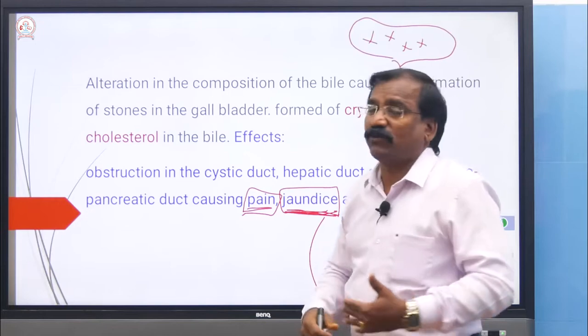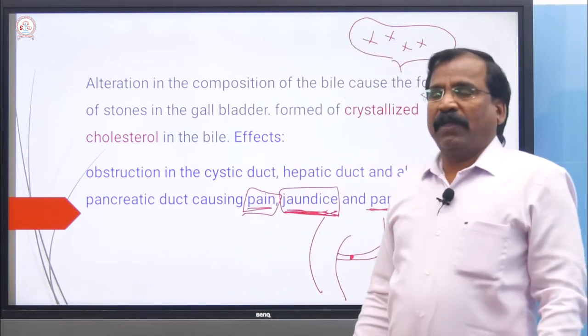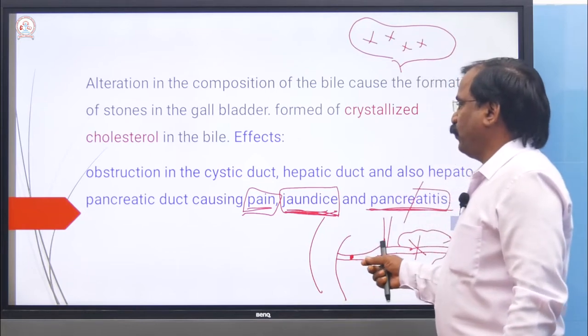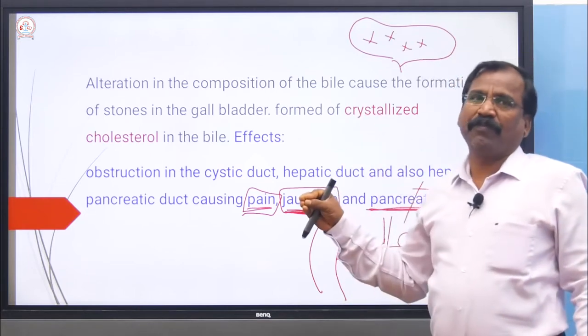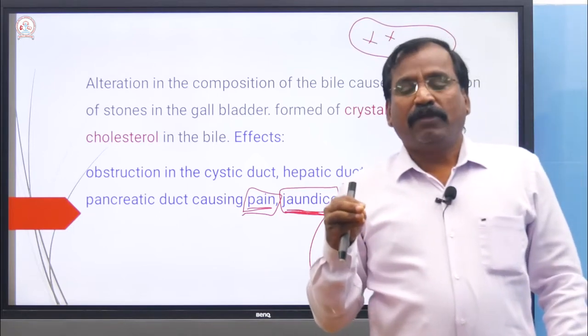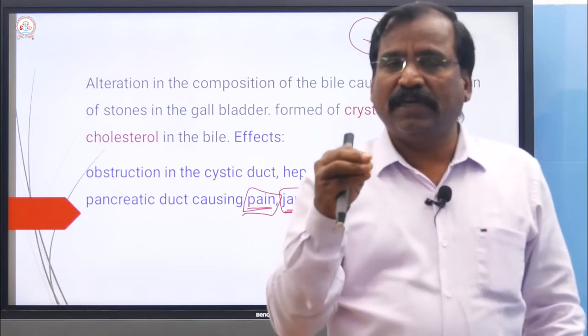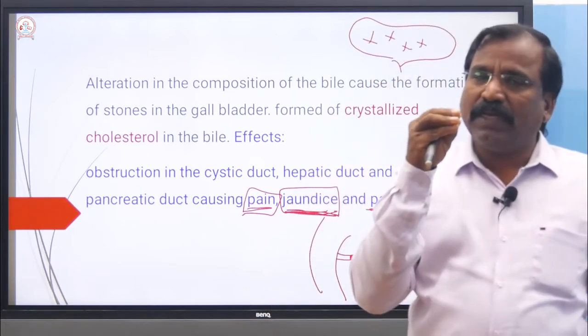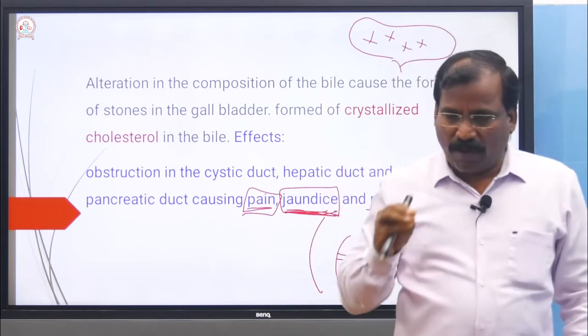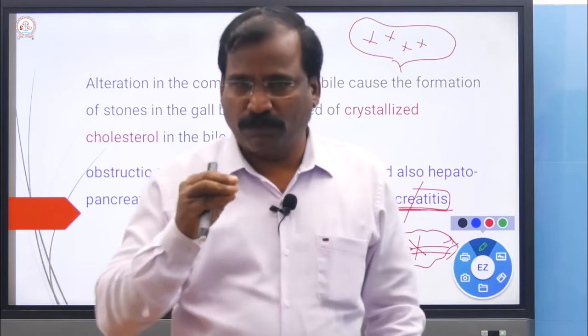So these are the symptoms of gallstone, that is, stone in the gallbladder. I am repeating once again. That stone is formed by the crystallization or the precipitation of the cholesterol found in the bile juice.